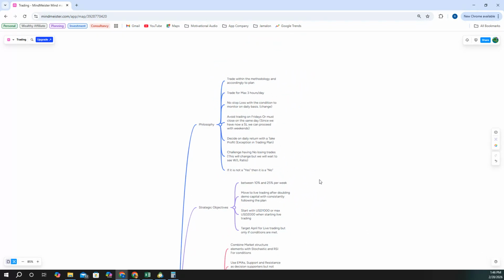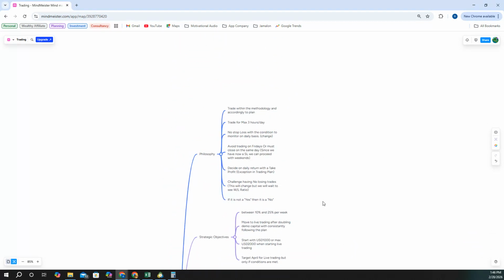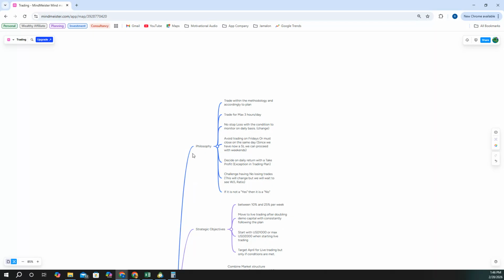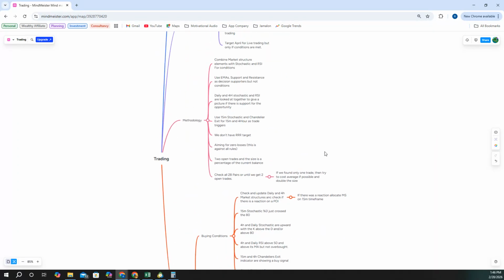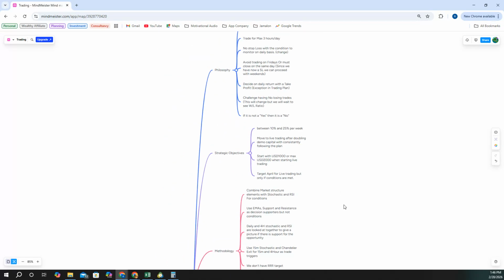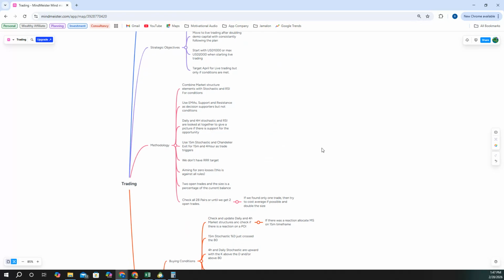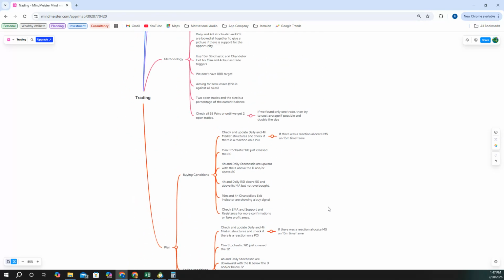I'm putting rules in different categories, from the more general philosophical rules to the more specific trading rules or daily trading rules.